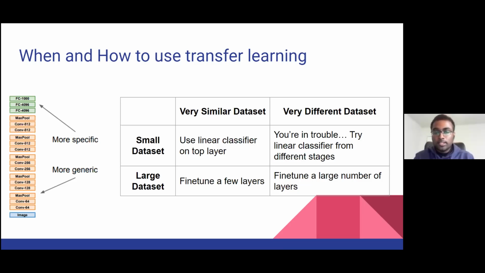So the first thing is that it depends. There are two things: the size of the dataset and the similarity of the dataset to the data that the model was trained on. Based on these two parameters, you can adjust how you will be using transfer learning for your particular model. So if you take this home, then I think you will be able to do your transfer learning tasks.